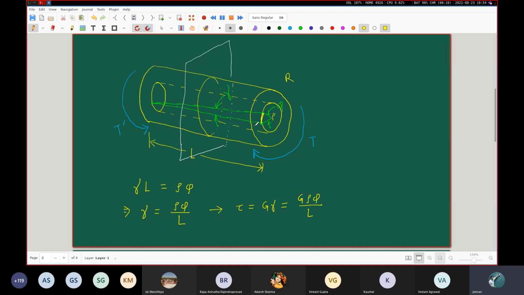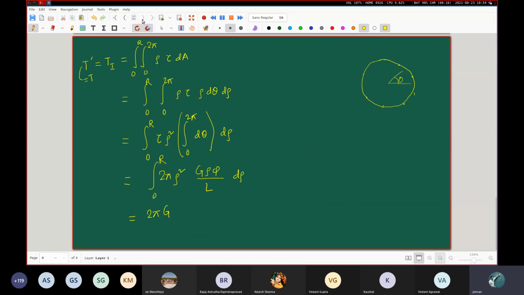All the material points are moving along in such a fashion that this phi is maintained. This phi is the entire angle of twist which is seen on a particular cross section. On a particular cross section, it does not change. It is the same angle phi. So that is a constant with respect to R or rho.